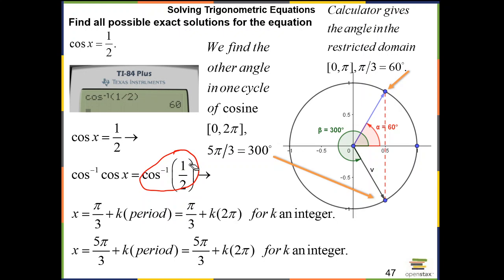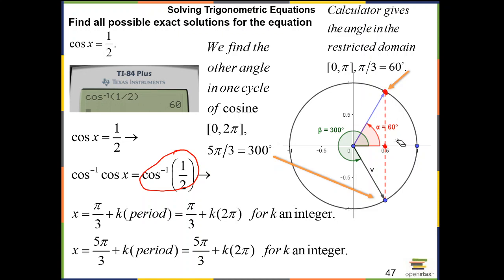Well, when you put this in the calculator, it is going to look in this area here for an angle whose cosine is 1/2. And we know this is 1/2 on the x-axis, on the cosine axis, right? So we know this is the angle.